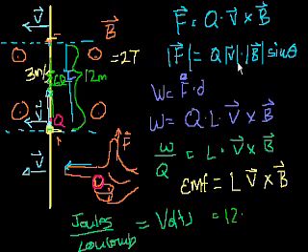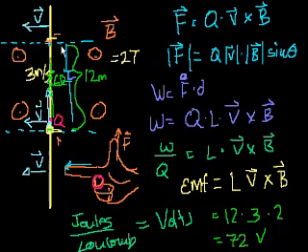So we just have to worry about the magnitudes. So it's 12 meters times the velocity, which is 3 meters per second, times the magnitude of the magnetic field, that's 2 teslas. And so the EMF is 12 times 3 times 2, 12 times 6, which is 72 volts, or 72 joules per coulomb.